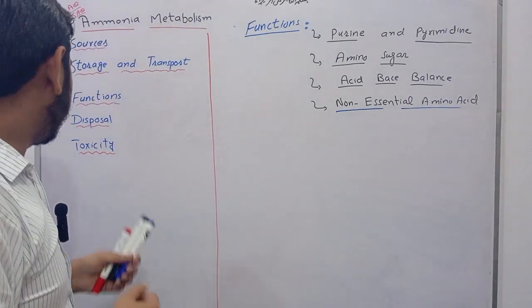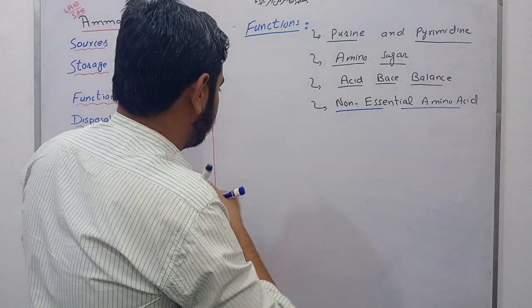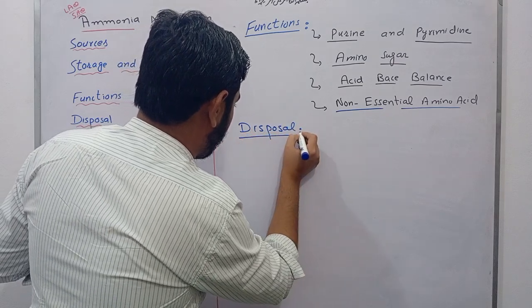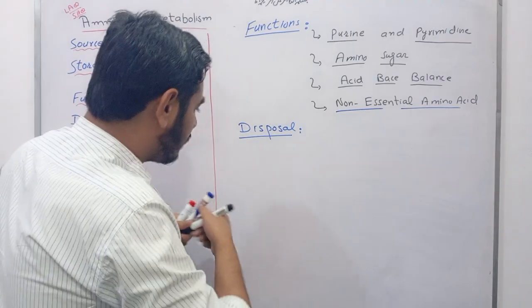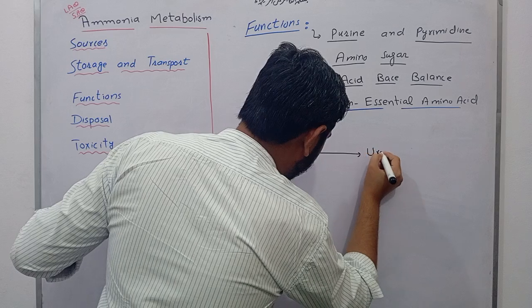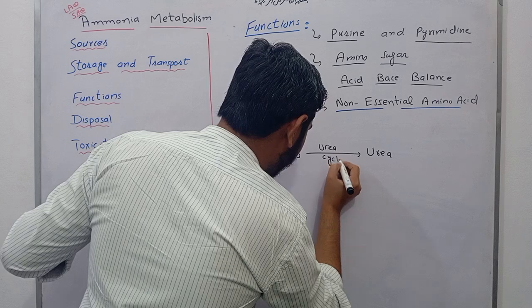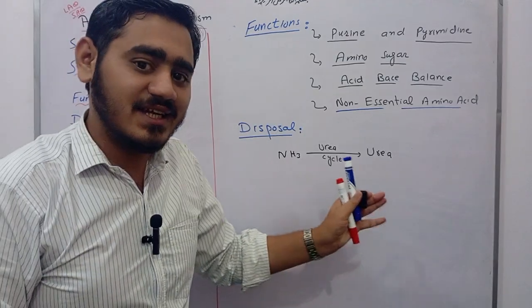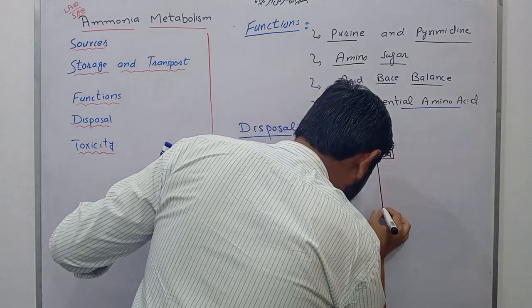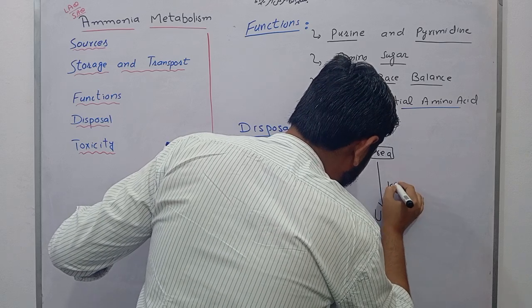Okay. Now coming toward the disposal of ammonia. This ammonia converts into urea by the action of the urea cycle, and this urea cycle process takes place in the liver, and this urea gets excreted into the urine through the kidney.